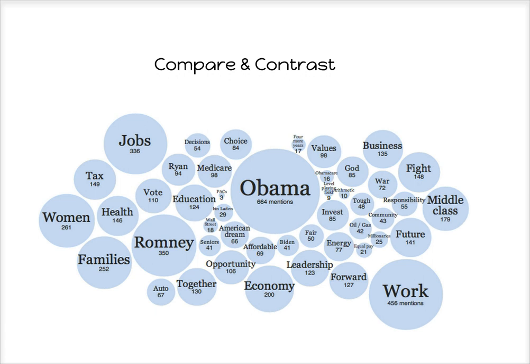So all the speakers that participated in both conventions, the transcripts of those speeches were pasted into a word cloud creator. And what we see here is the results of the Democratic.